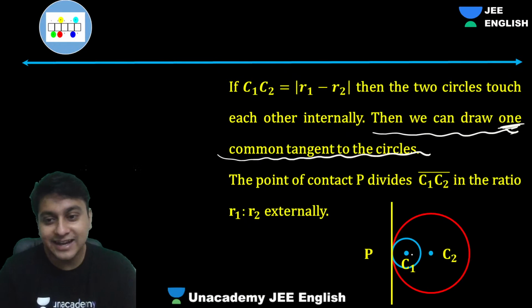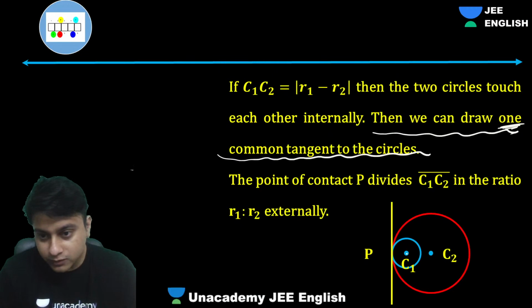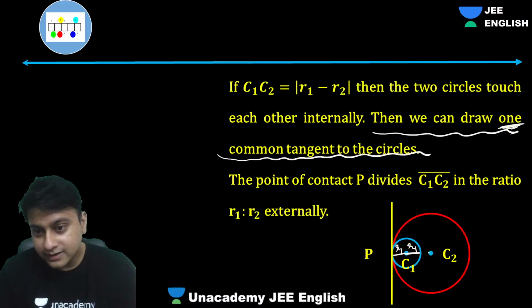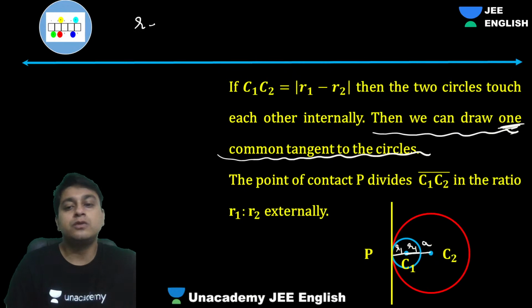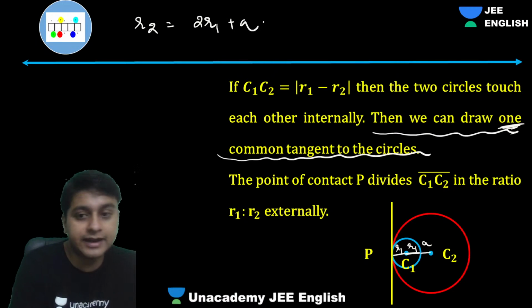So let's suppose, guys, again this time I'll be joining these parts. This is my R1. This also will be R1 only. And this will be, let's call it A. So we can see from here that your R2 is this time coming as 2R1 plus A. 2R1 plus A, right?